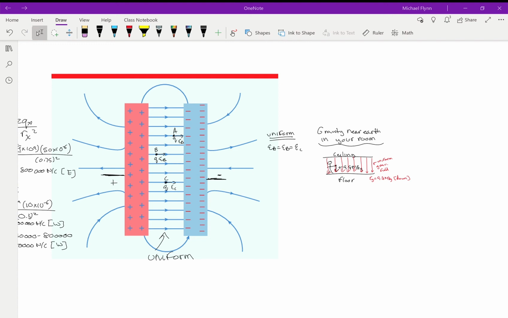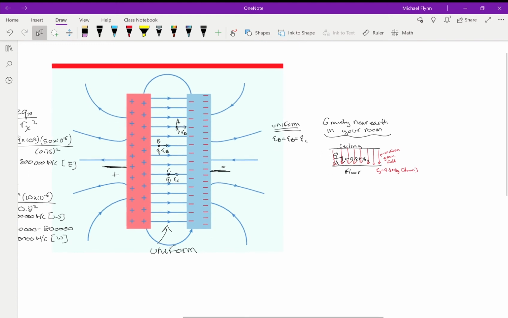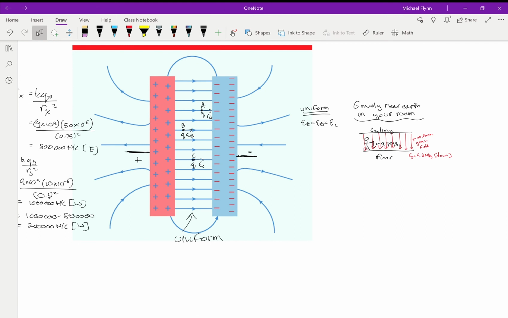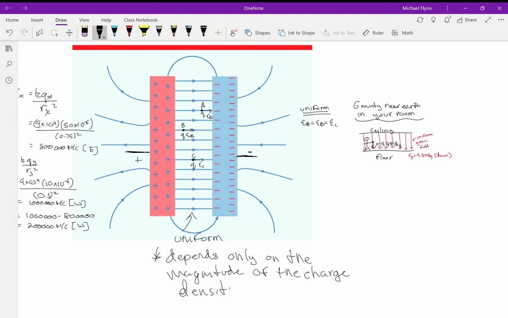Okay, so getting back to the notes here. So this field depends only on the magnitude of, I'm going to say, the charge density on the plates.